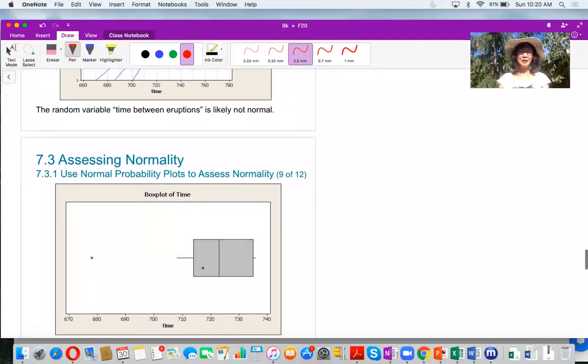And this is the box plot. If it is perfectly normally distributed, the Q2, the median, should be in the middle, but this one is a little bit off. This is Q2, the median, and it is a little bit to the left, but it is roughly approximately normal.